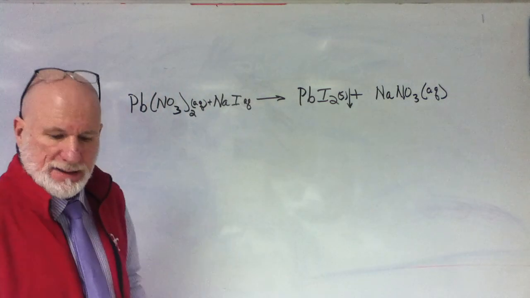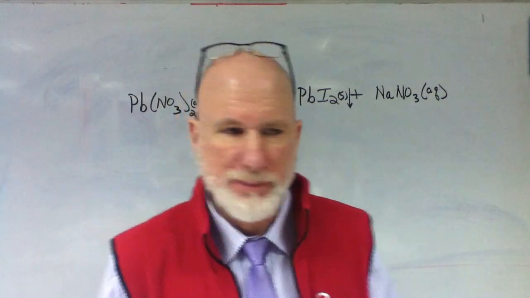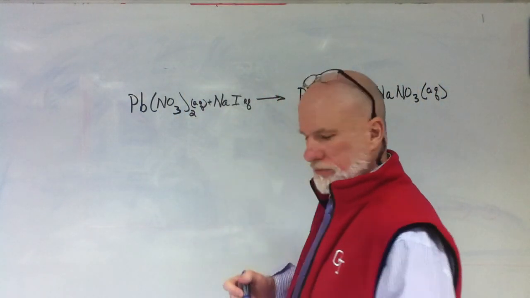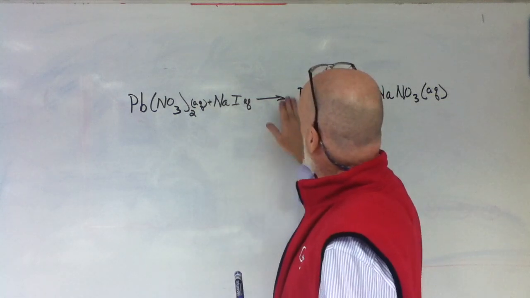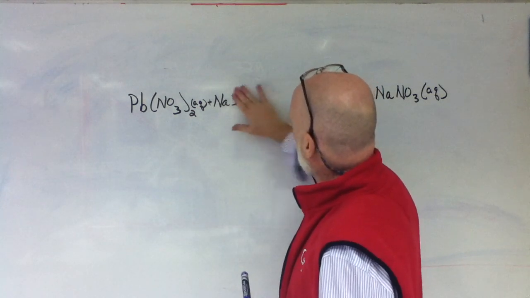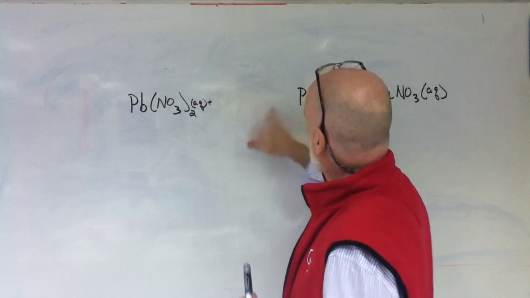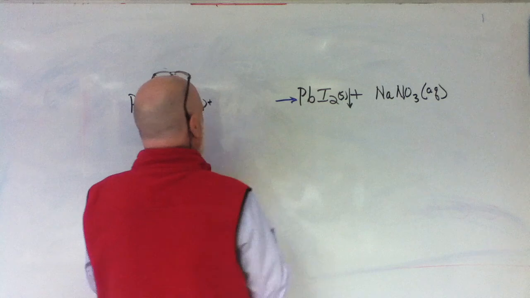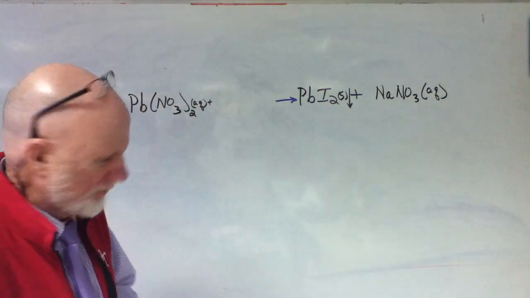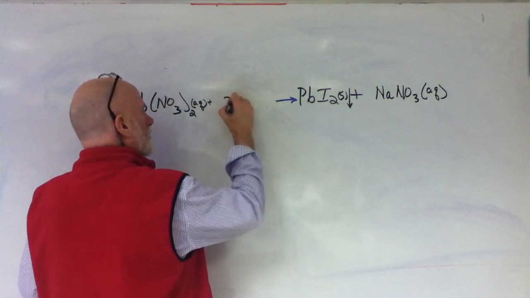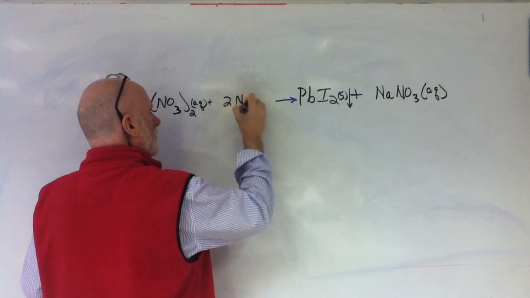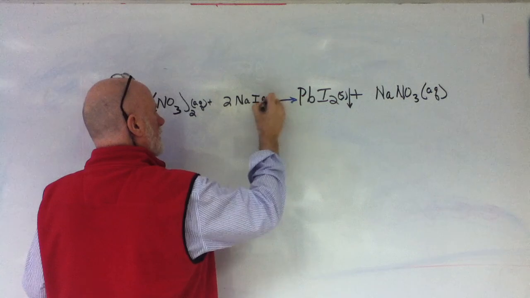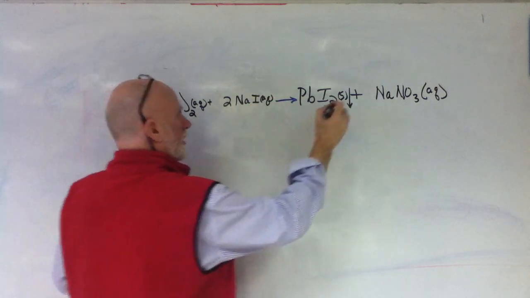And how do I balance that? Putting a 2 in front of the sodium iodide. No scrunching allowed. So let's say 2 sodium iodide and 2 sodium nitrate. 2 here.